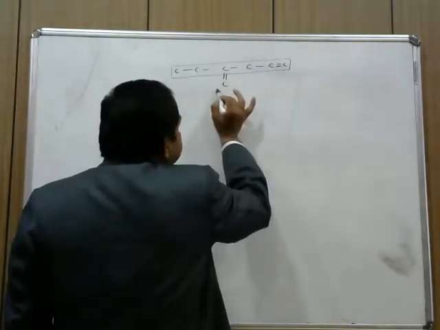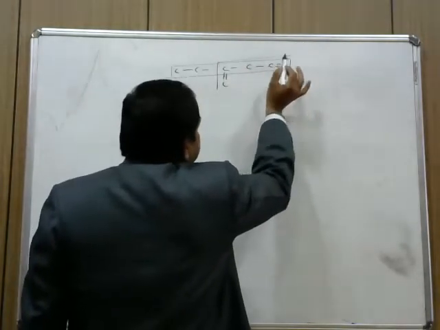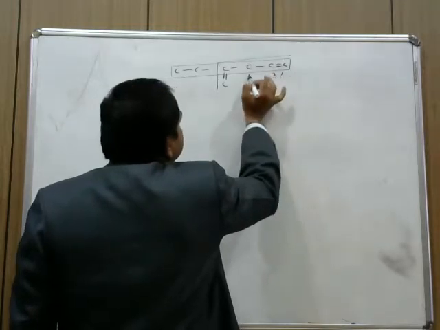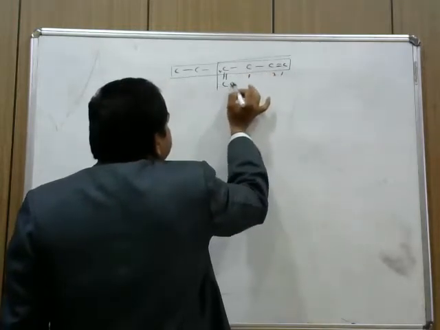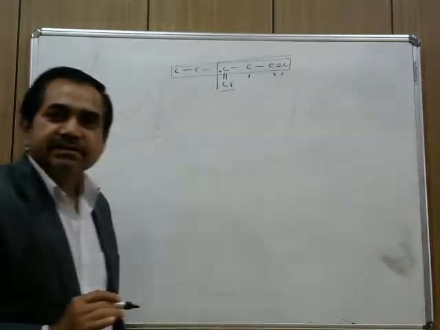And if we choose this as a parent chain, then we have got a carbon chain of 5 carbon atoms.